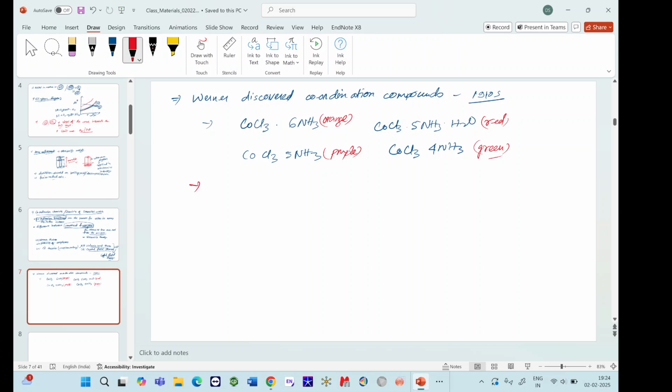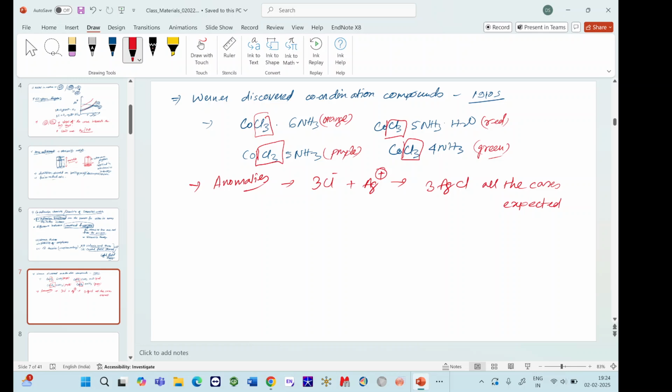And there was an anomaly when he wanted to substitute these chloride atoms. So generally, as you can see in the structure, there are three chloride ions. So you can replace these. So if you use some Ag plus solution, you should get 3AgCl in all the cases. But it was not the case actually.